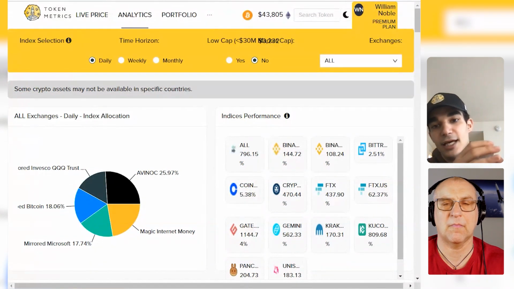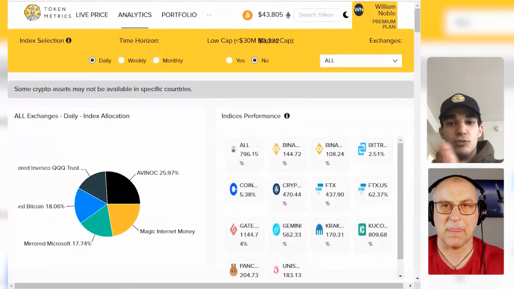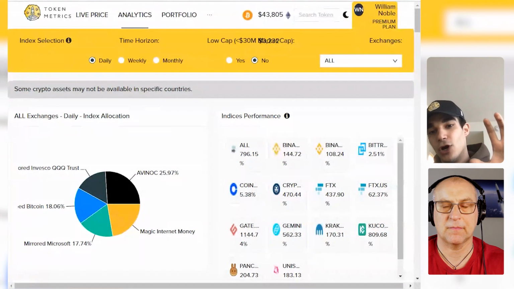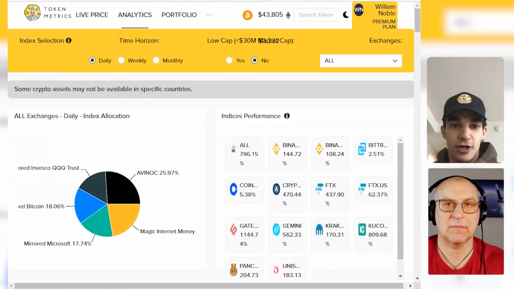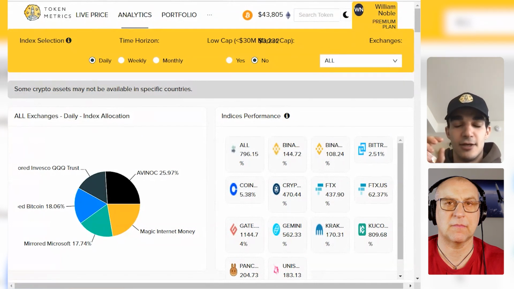But when I see, like today, the all exchange index being in stable coins and mirrored equities, a lot of Bitcoin, then I will be a little bit more cautious when I move to the index of my exchange and start trading. So I use the all exchange just to get an idea on what the Token Metrics AI is looking at, especially since it looks at the entire space compared to indices built on limited exchanges in terms of coins you can trade.